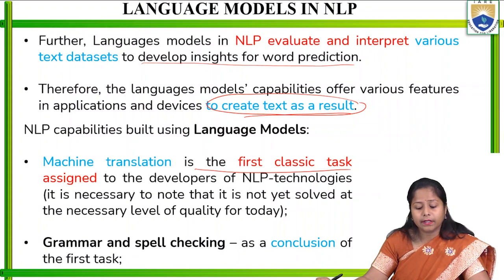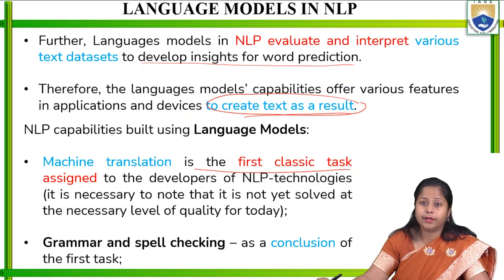It is necessary to note that it is not yet solved at the necessary level of quality. Basically, this is a task where words, sentences, paragraphs and corpora are translated by the machine in the correct way. That is a classical task assigned to the machine by developers.